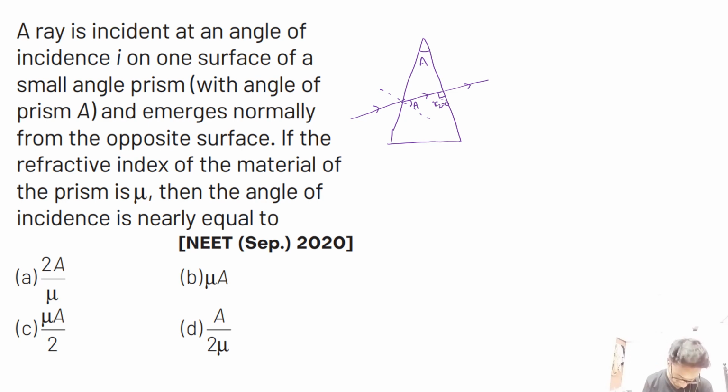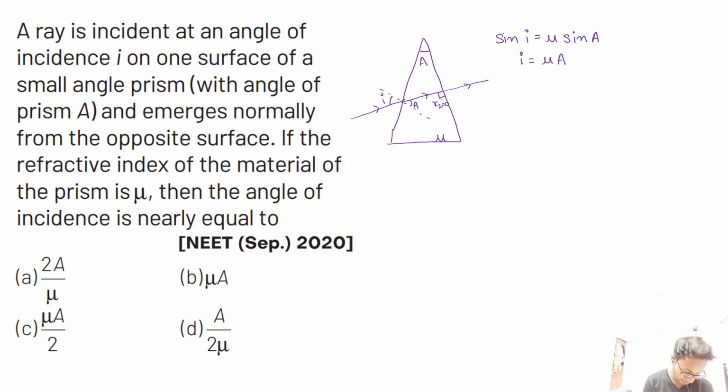Now if the refractive index of the prism material is mu, can I apply Snell's law on this surface? So let this be I. So sin I is equal to mu sin A. For very small angles, sin I is equal to I, and sin A is equal to A, because these are small angle prisms.